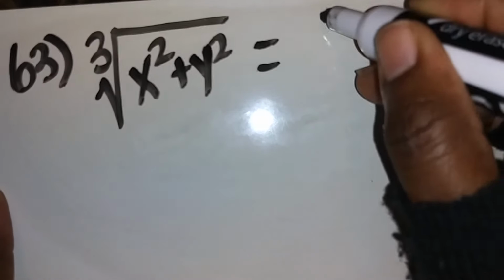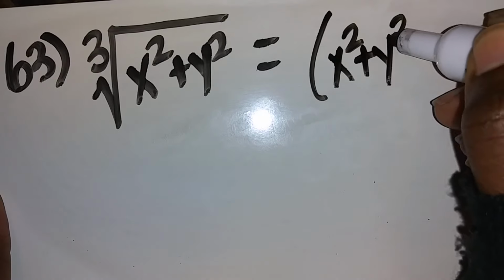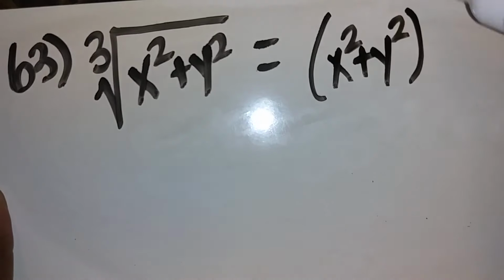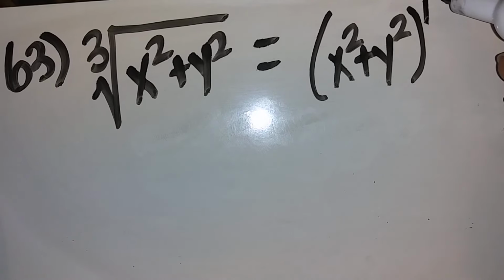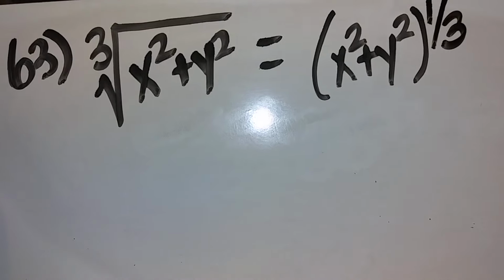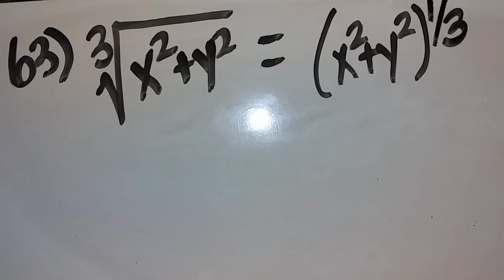We have x squared plus y squared, and it's not raised to any power. So it's just one. I only see x squared plus y squared one time, and then my index is 3. And you'll know what I mean when I say only one time, because we're going to look at some problems where they have some other things written in there, and we'll know it's written more than one time. And we'll see that in just a minute.